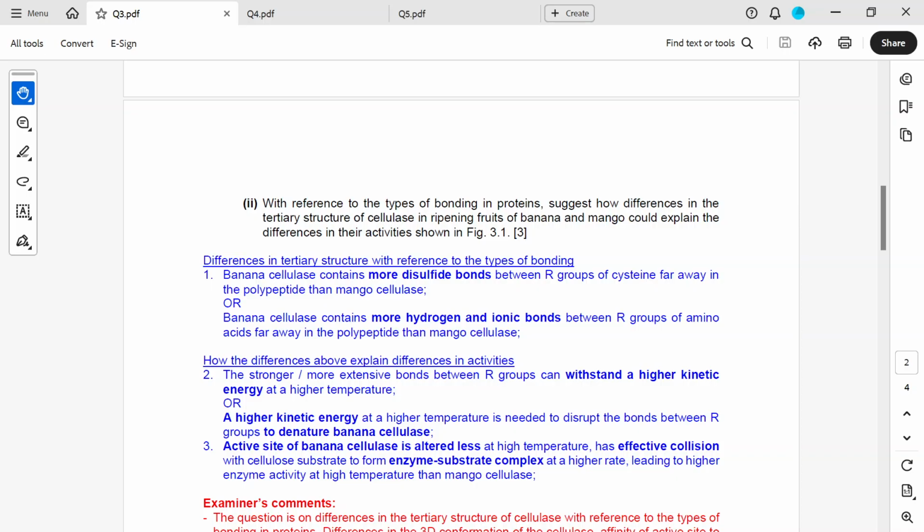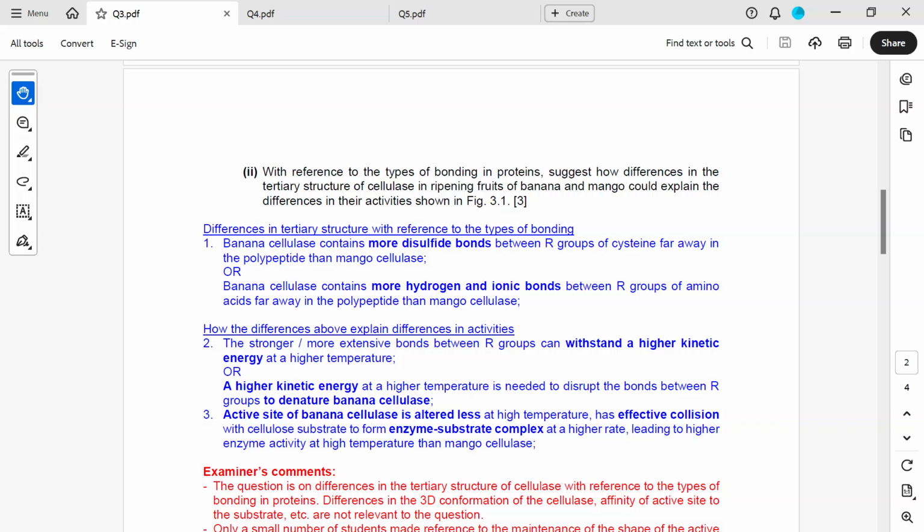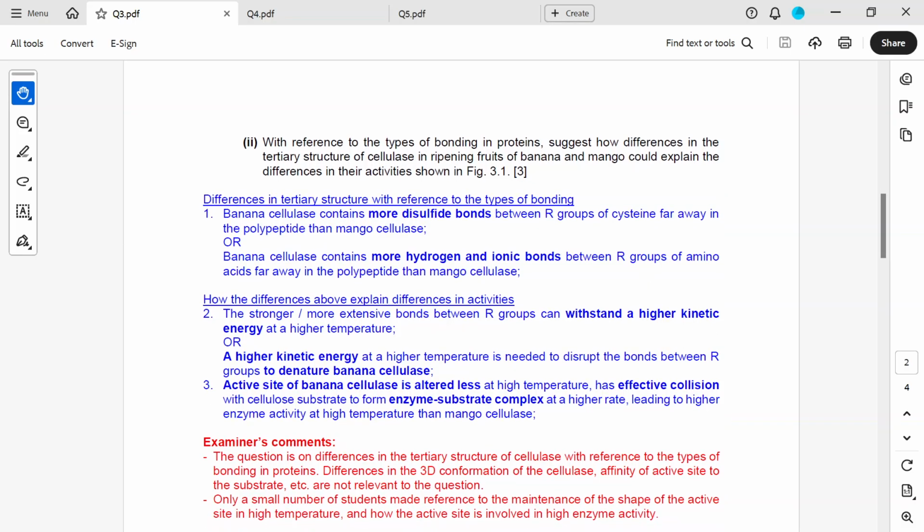So what quite a number of you did was you did not really make reference to the types of bonding when you are talking about the differences in the tertiary structure. Some of you went on to suggest that the tertiary structure for the banana cellulase has an active site that is of a higher affinity or more complementary to the substrate, which may not be wrong, but that's not what the question is asking for.